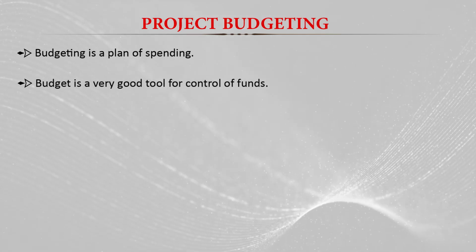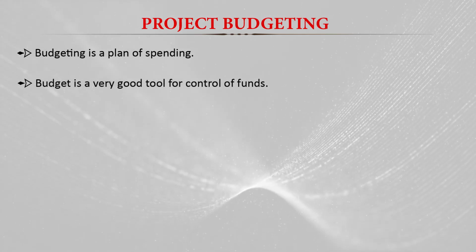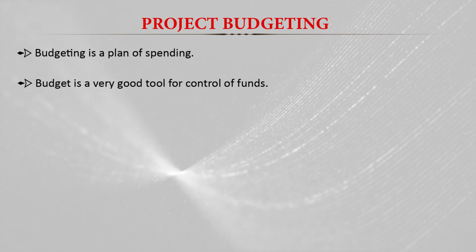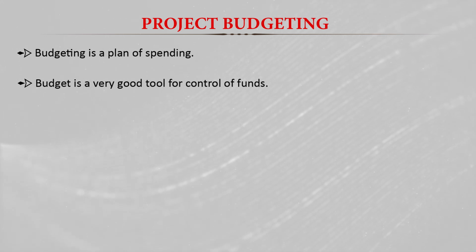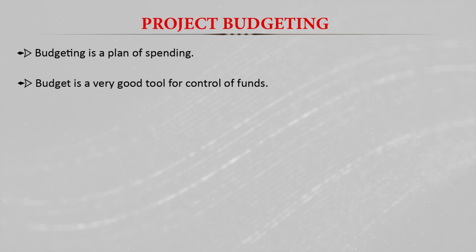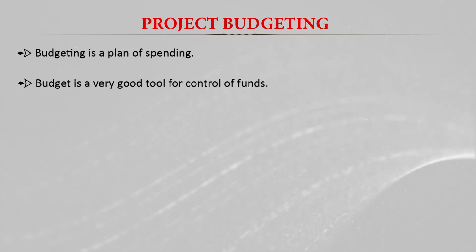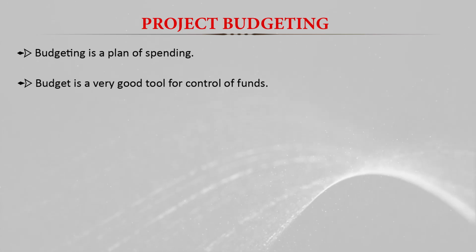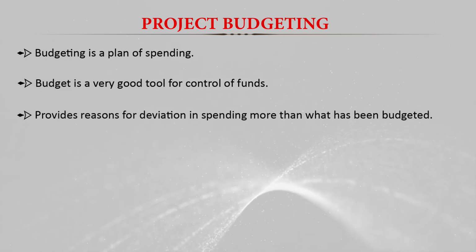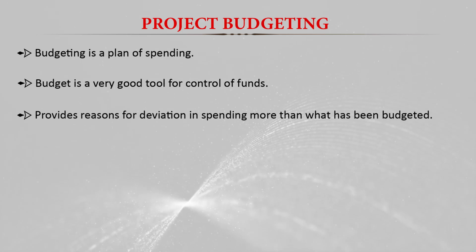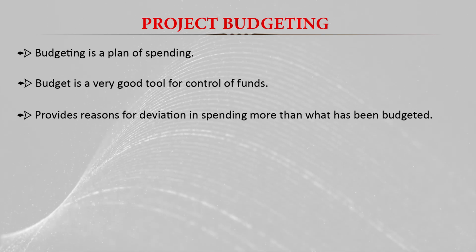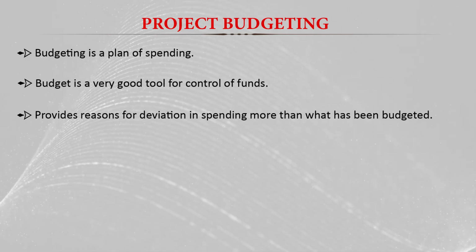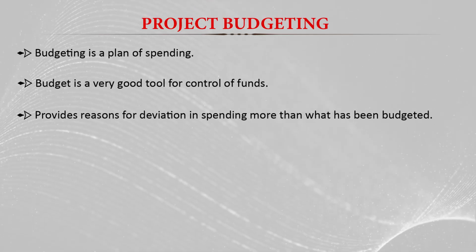And budget is a very good tool for the control of the funds also, because if spending is going beyond our expectation or beyond our estimation, we can control the project activity. This budgeting also provides the reasons for deviation in spending if it is more than what has been budgeted.